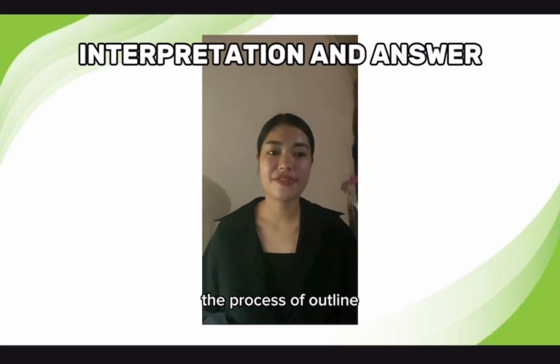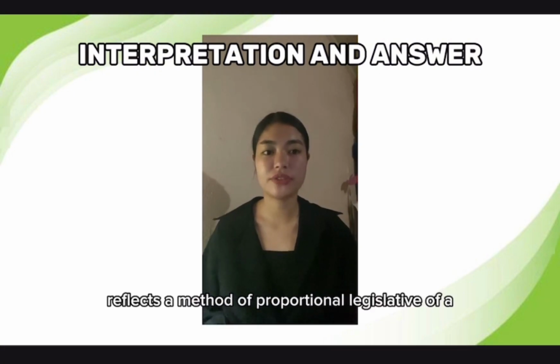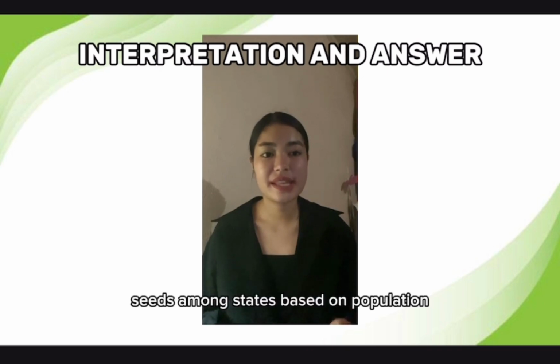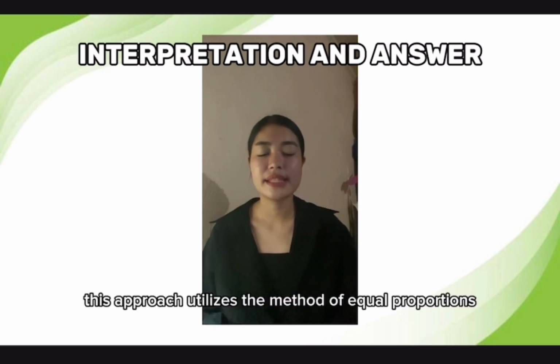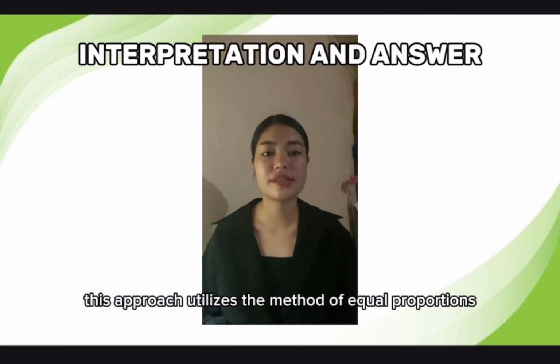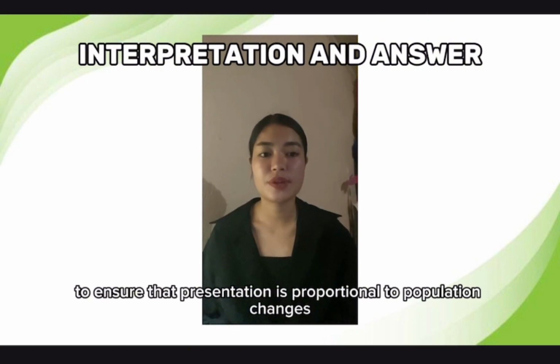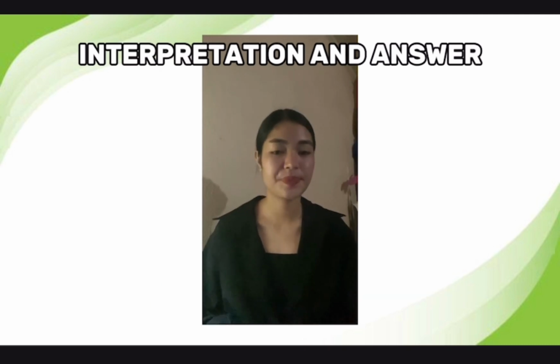The process outlined reflects a method of apportioning legislative seats among states based on population. This approach utilizes the method of equal proportions to ensure that representation is proportional to population changes.